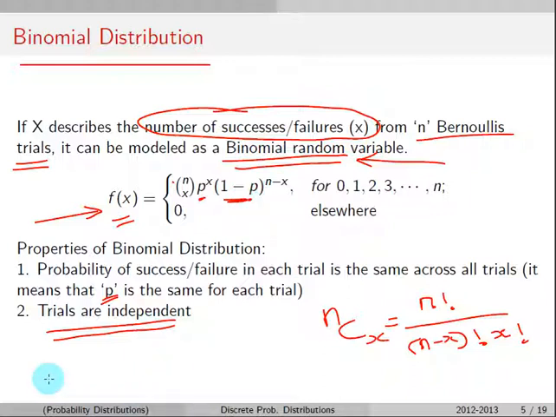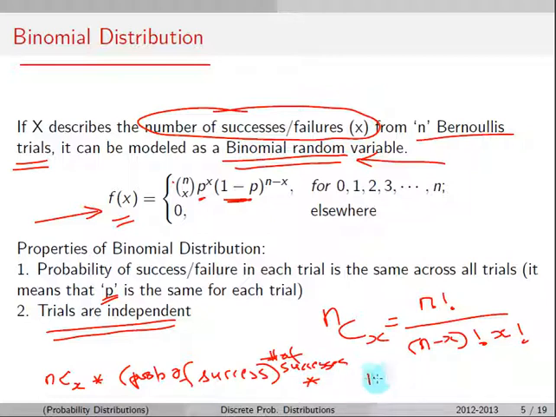So a good way to remember this is nCx multiplied by the probability of success raised to the number of successes, multiplied by 1 minus the probability of success, really the probability of failure, raised to the number of failures.